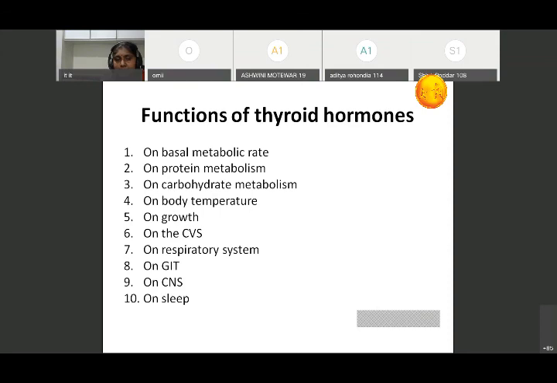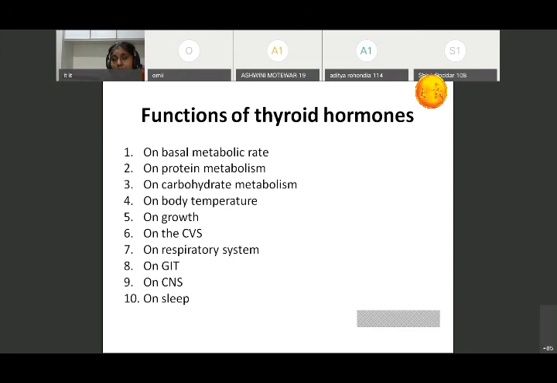Functions of thyroid gland. There are 10 functions of the thyroid hormone. Remember that 3 hormones are secreted by the thyroid gland: T4, T3, and calcitonin by parafollicular cells. T4 secretion is 90% and T3 secretion is 10%, but T3 is more potent than T4 because of its strong binding with plasma protein.